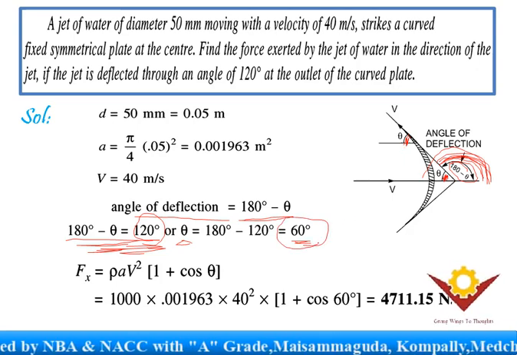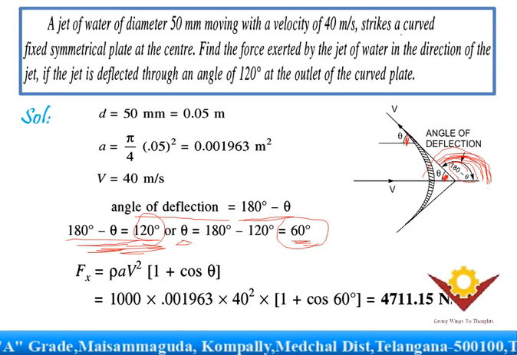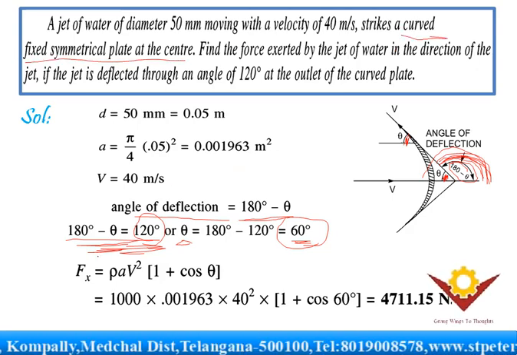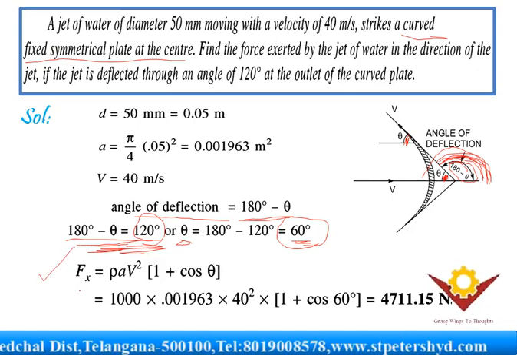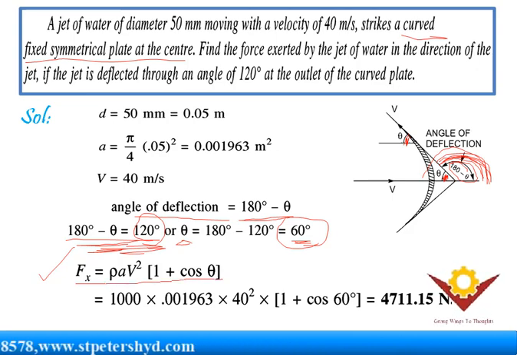Clear? And from the previous sessions, what we discussed for the curved fixed stationary plate, this is your formula for the force impinged on a curved plate which is symmetrical, and the jet is striking at the center. This is your formula: rho a v square (1 plus cos theta). If you substitute all the values, you are going to get the force.